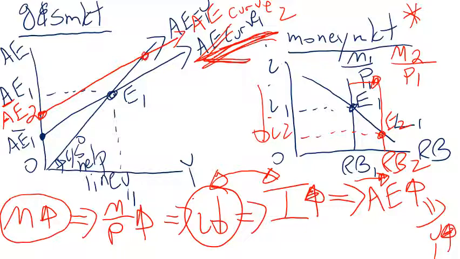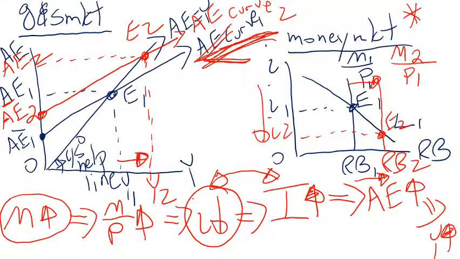This would be a new equilibrium. This would be a new level of aggregate expenditures, and this would be the new level of GDP. All right. Okay. So that's how we would show the linkages between the two markets.